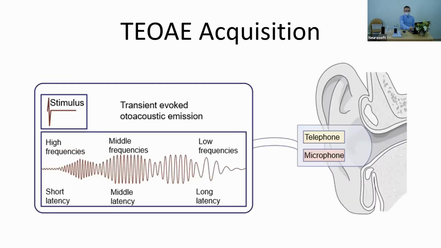So the principle of transient evoked otoacoustic emission acquisition is the following. The stimulus is provided through the probe, which is inserted in the ear canal. The stimulus is usually the broadband click, which is also called a non-linear click, which is most often used for this test, because non-linear means that it is actually a sequence of 4 stimuli, which is repeated constantly.